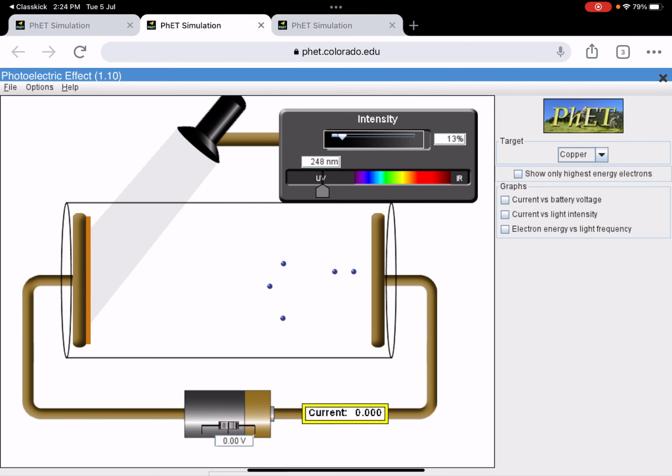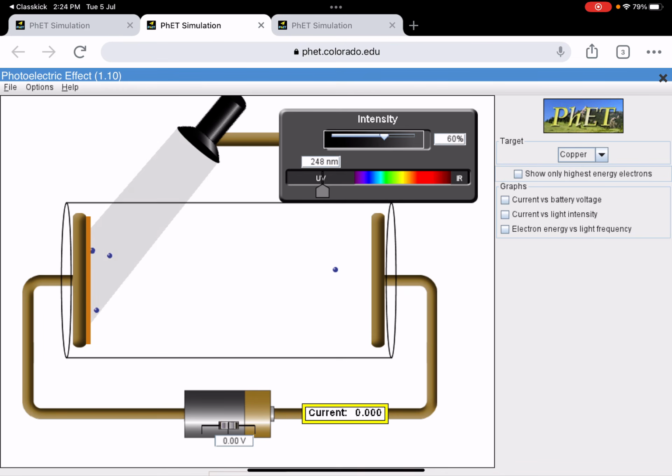You see, the first electron dislodged was coming out at a low energy. It means that we finally met the minimum required energy to dislodge an electron. Now, as you can see, the electrons ejected from the surface of this metal are coming out with a low kinetic energy. You see, they're not very high.